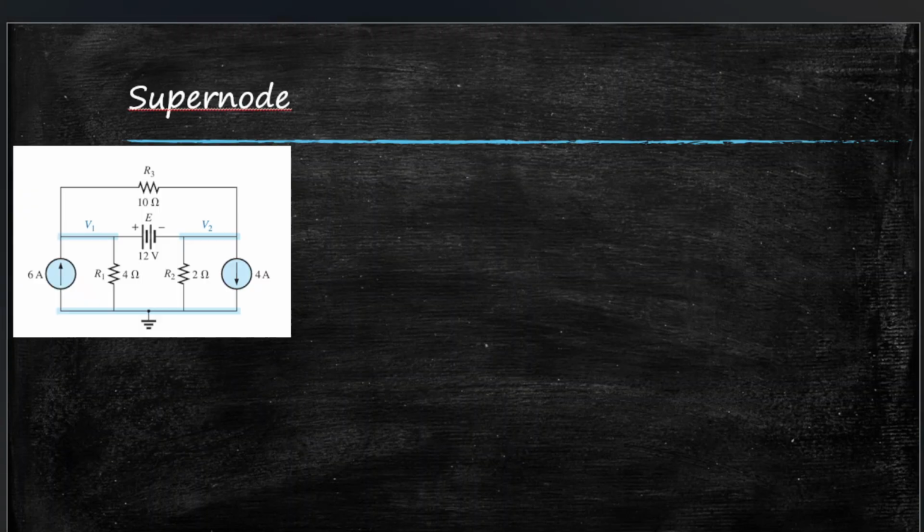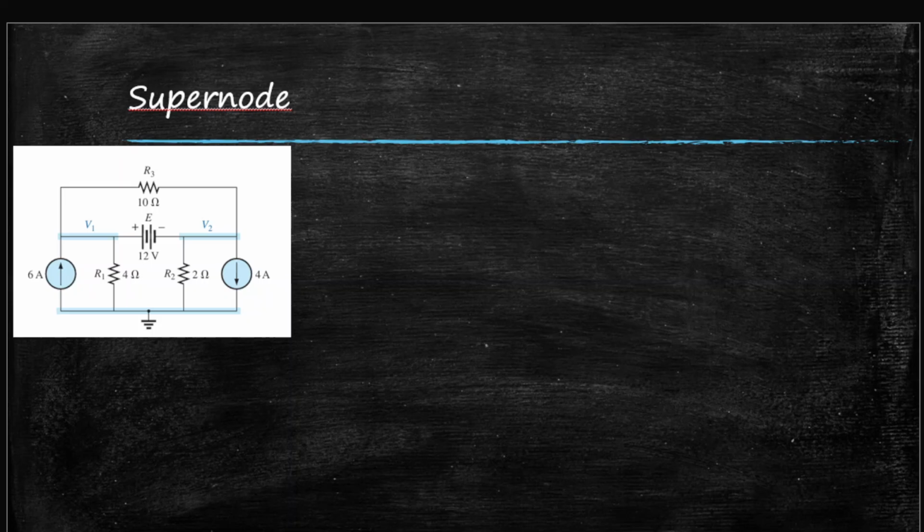Okay, now we have a new concept, supernode. Just like supermesh, where we encounter a current source without a parallel resistor, supernode is used when we encounter a voltage source without a series resistor. And the steps are similar. First we assign node voltages here, like we used to assign loop currents in mesh analysis in supermesh.